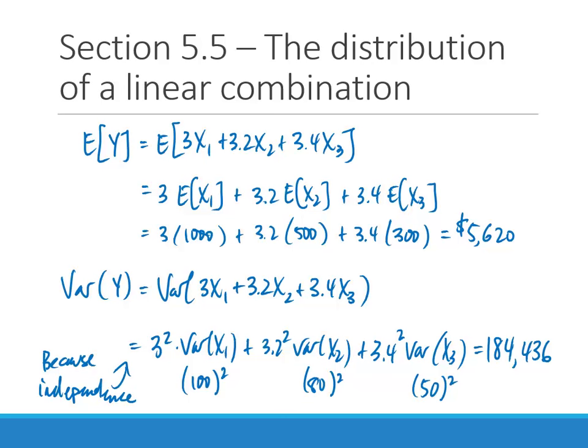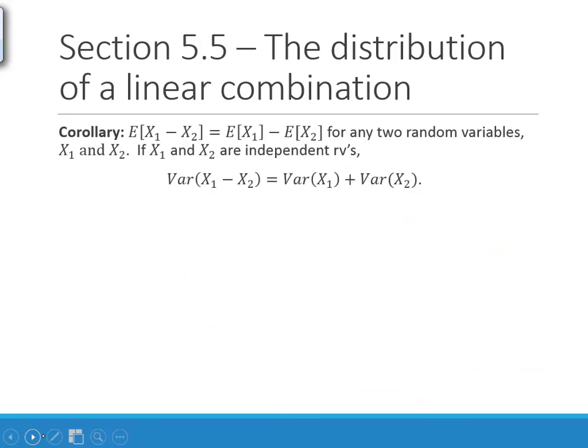Okay. So two more definitions, then we'll finish up with an example here. A special case of the result that we saw before is if I want to know something about the difference of two random variables. Well, that's just the difference of their expected values. But as long as they're independent, the variance of the difference is actually the sum of their variances.